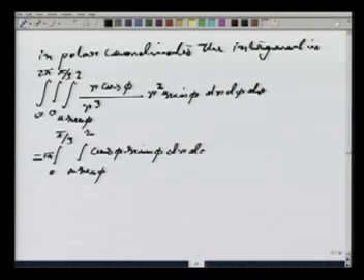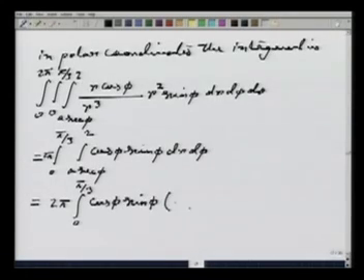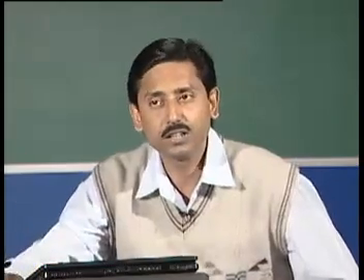So you are landing up with 2 pi times the integral from 0 to pi by 3 of cos phi sin phi into (2a minus a sec phi) d phi. This is the integral you need to calculate, which is a typical trigonometric integral that can be calculated very easily.